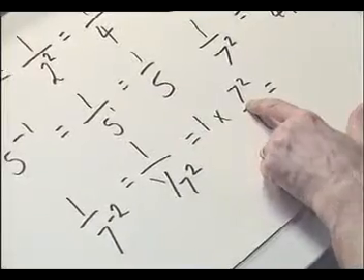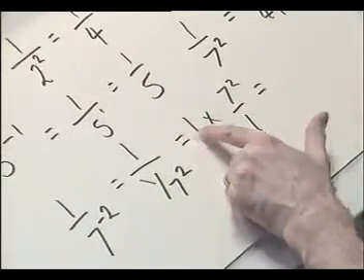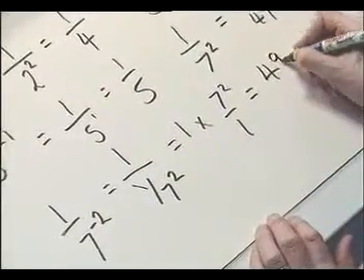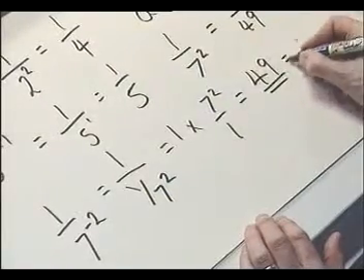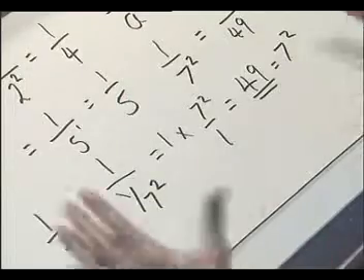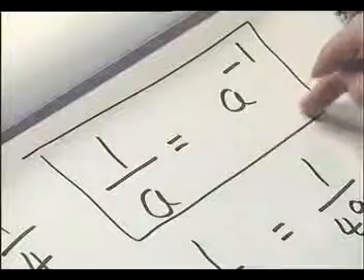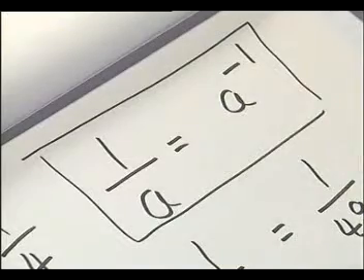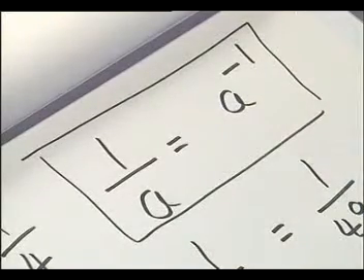And so 7 times 7 is 49, times the 1 leaves us with 49, or just 7 squared. So some examples there. This is probably the one that you need to remember and need to work with most. It's the basic case, and if you can remember that one, then they nearly all follow from that.